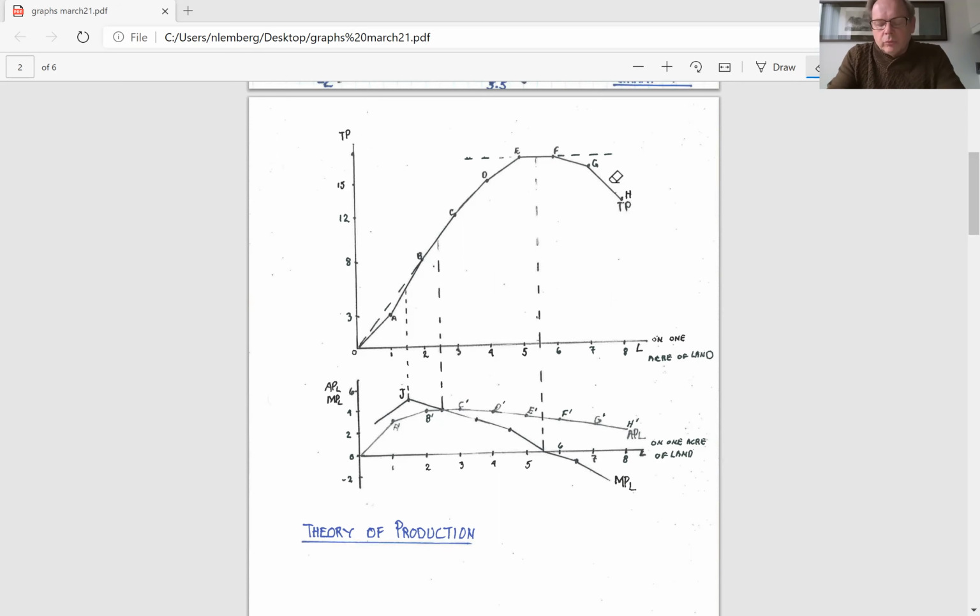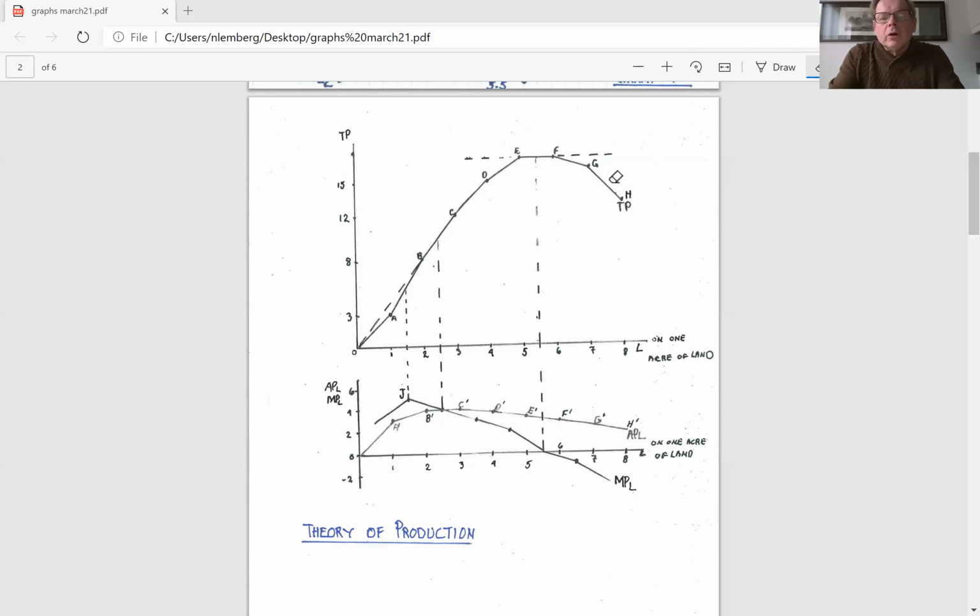What you just did was geometrically determine the average product of labor curve by drawing a straight line from the origin 0, 0 to point A, to point B, to point C, and so forth. That's the geometric calculation of the average product of labor.